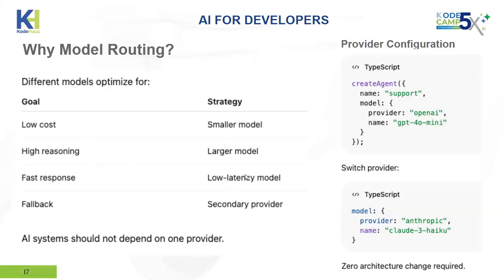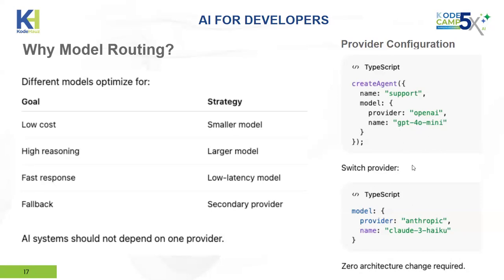For faster response, you go for a low latency model. And then you can also have fallback. So if a provider fails you, which may happen, you fall back to a secondary provider, and that ensures continuity of your service to your end users.